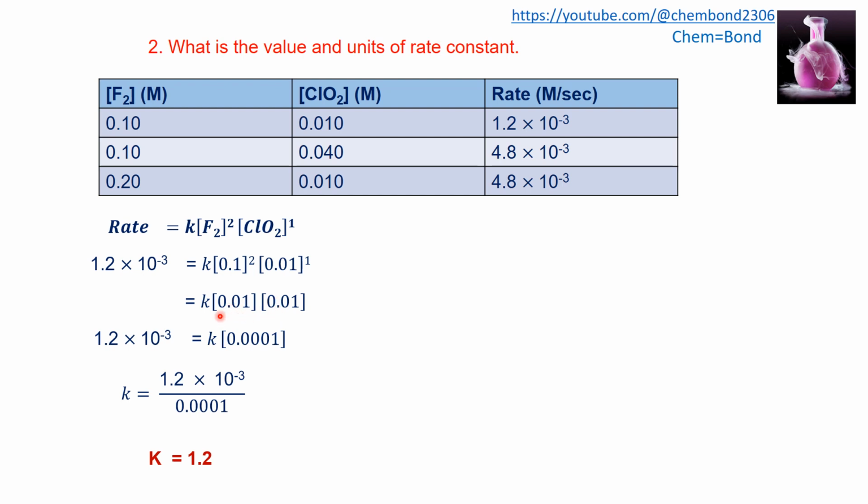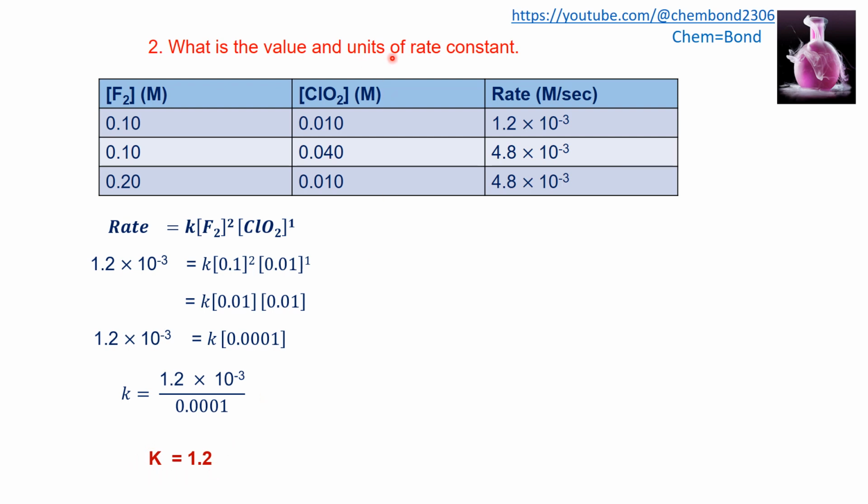Multiply these both terms, 0.001. Now we will find the value of K, the rate constant, by rearranging this formula. So 0.001 will be shifted to the other side. So 1.2 into 10 to the power minus 3 divided by 0.001. So we will get the value of rate constant as 1.2.